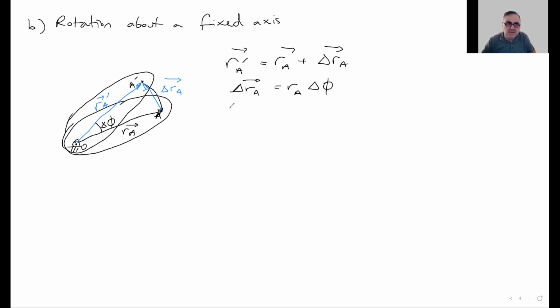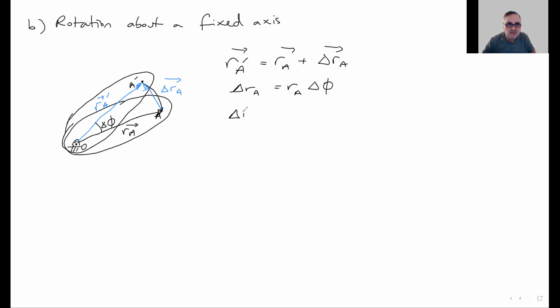Then, if you divide everything by delta t, by the way, this doesn't have to be a vector. Let me erase this part. It's just a scalar equation.